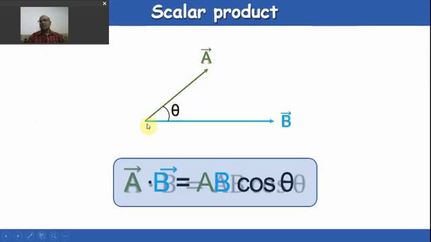If two vectors are available with some angle theta in between them, and a scalar product is to be taken, then A dot B is equal to AB cos theta, where theta is the angle between them. So A dot B equals AB cos theta, and this will be a scalar quantity, and this multiplication is referred to as the dot product.